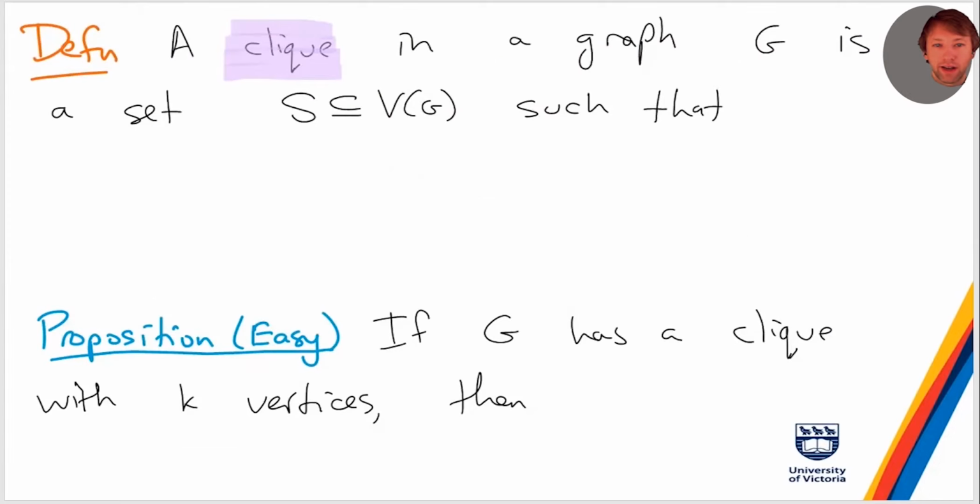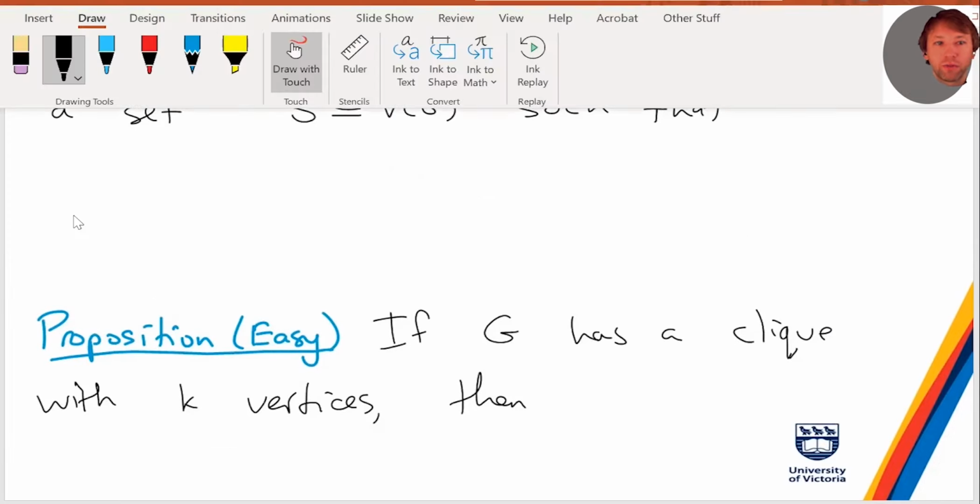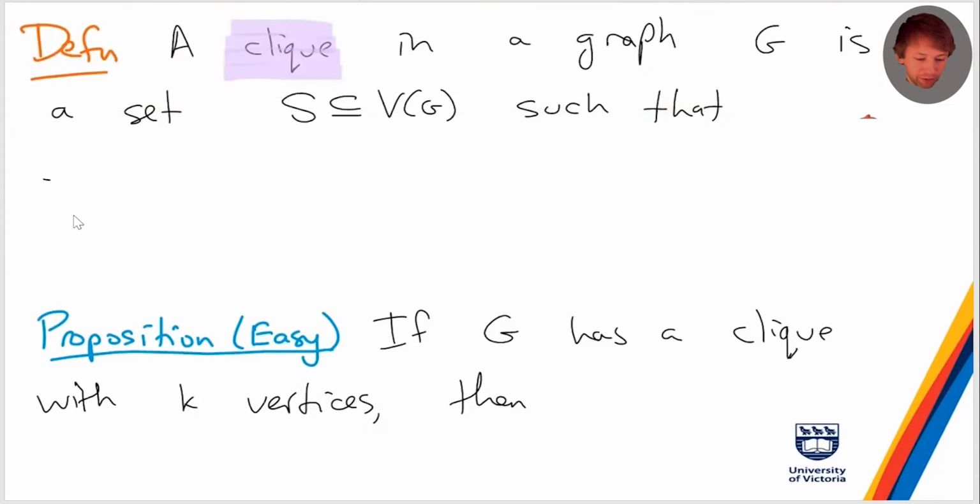Okay, so it's hard to determine the chromatic number of a graph. But let's think about some restrictions or properties of a graph which can let us bound the chromatic number.